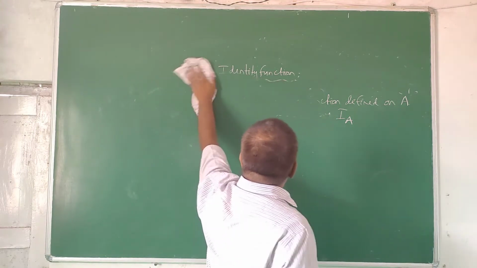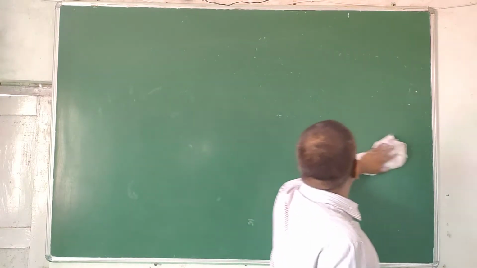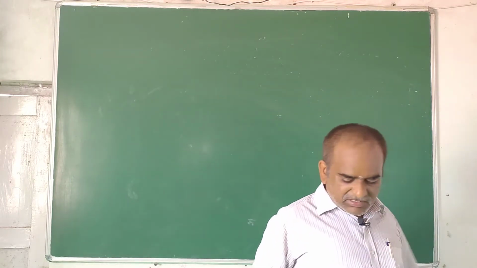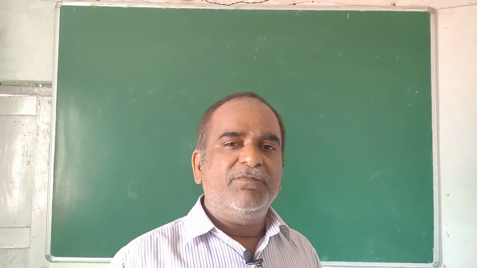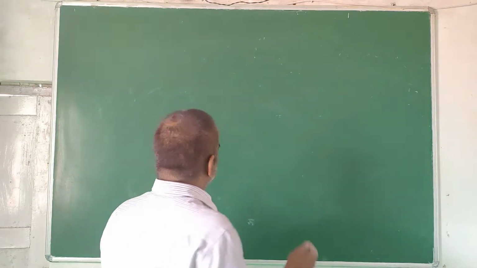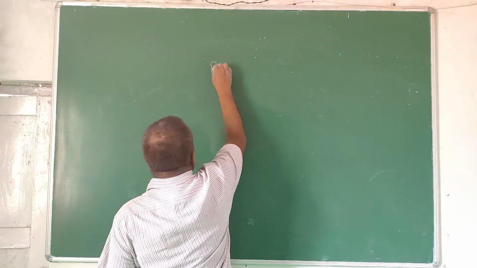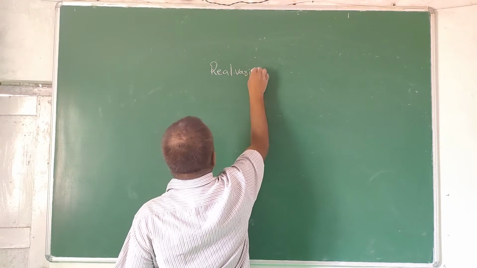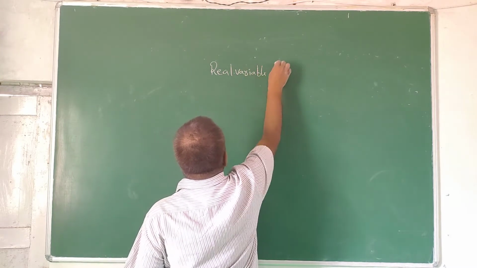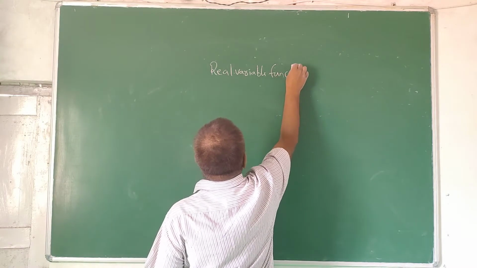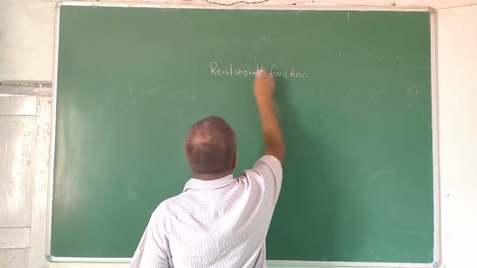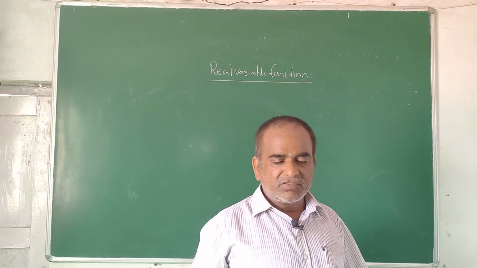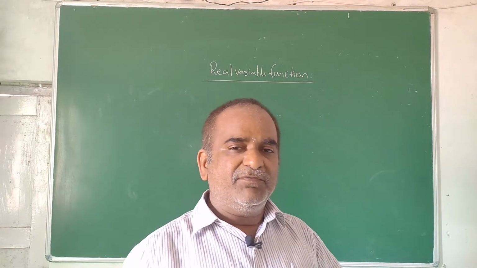After identity function, the next function is real variable function. So what is real variable function?